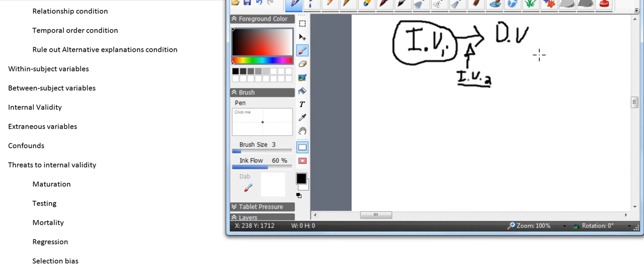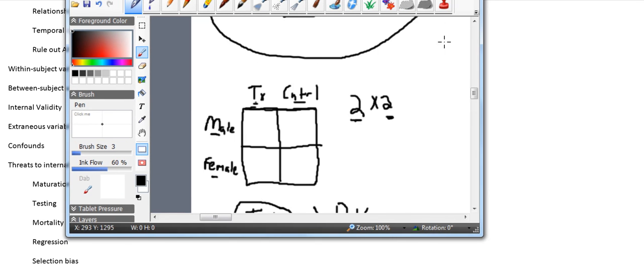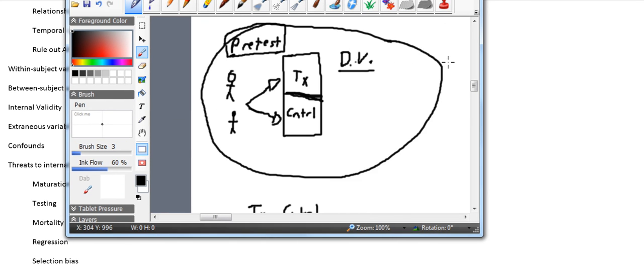So going back to our example from before, let's say that we were randomly assigning people to the treatment condition and a waiting list control condition, and then after 2 weeks we assessed their level of social anxiety, and lo and behold, we found that people in the treatment condition had lower levels of social anxiety than people in the control condition.